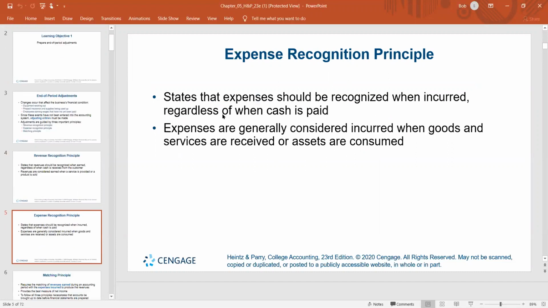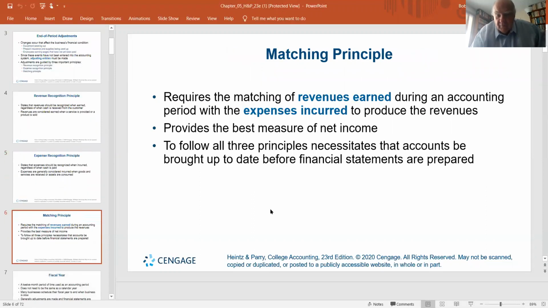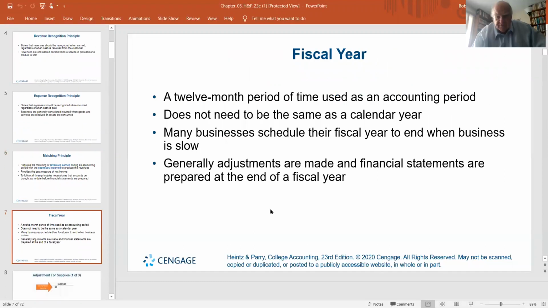Same thing with expenses. Expenses are recognized when they're incurred, when they take place. Expenses are recorded when they're incurred. And again, what's the matching principle? Revenues and expenses.